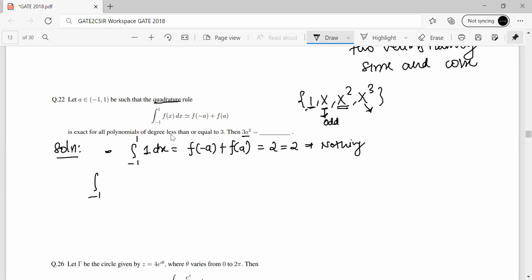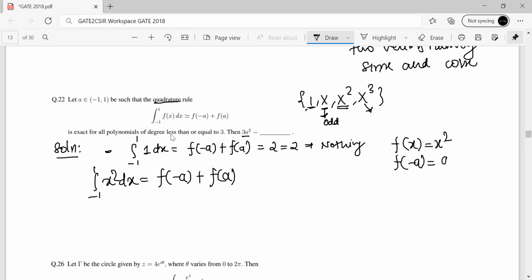So integral minus 1 to 1 x square dx would be equal to f of minus a plus f of a. Note that I have taken f of x to be x square. So f of minus a will be a square, and f of a will also be a square.